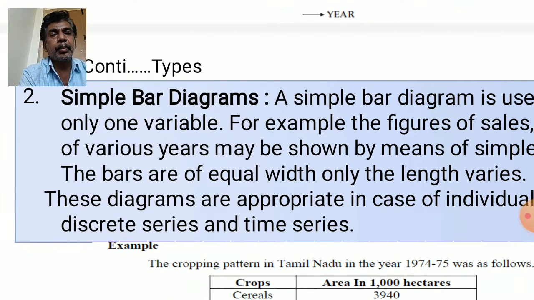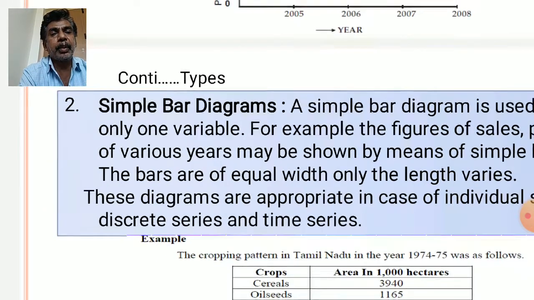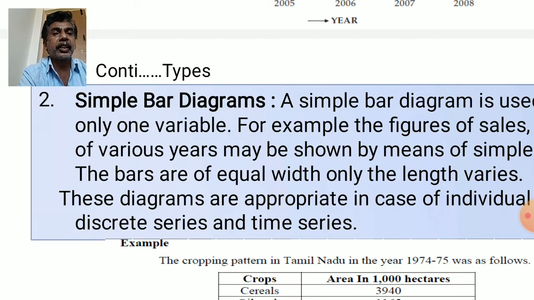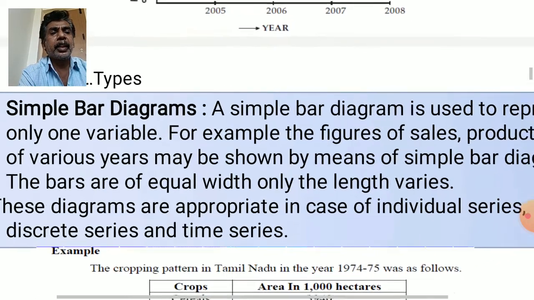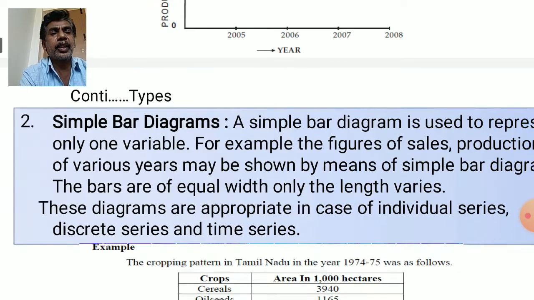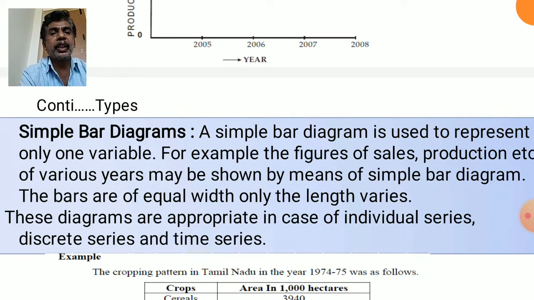Now, simple bar diagrams. This is another type of one-dimensional diagram or bar diagram. As the name suggests, a simple bar diagram is used to represent only one variable.